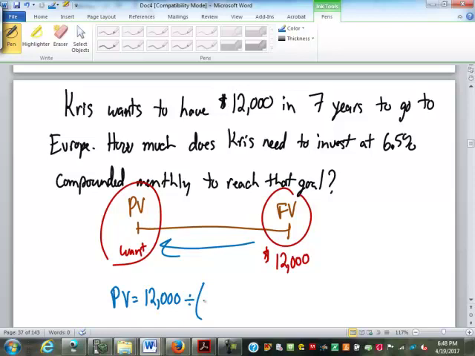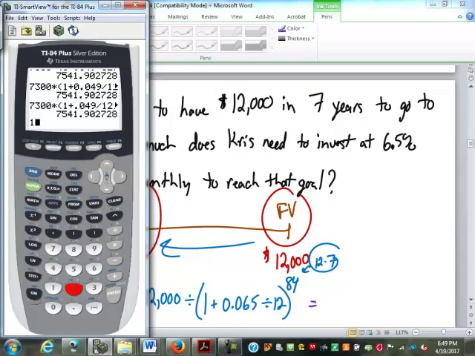In the parentheses, we need to have 1 plus 0.065 divided by 12. In parentheses, 84. Again, yes, that is 12 periods per year times 7 years gives us the 84. $18,000.